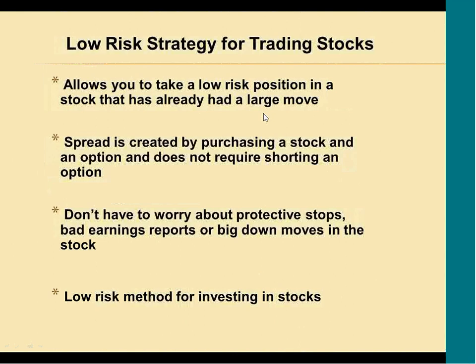And you don't have to worry about bad earnings reports for the stocks or big down moves in the stocks, because your position is protected by purchasing the put option. So it's a very low risk way to invest in stocks, low stress, low risk. And I'll show you some examples here of recent married put trades I took in stocks.